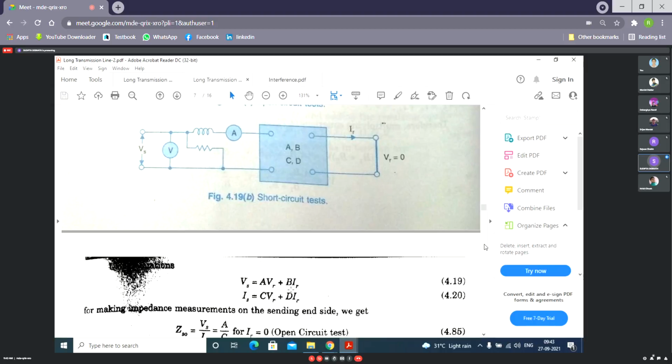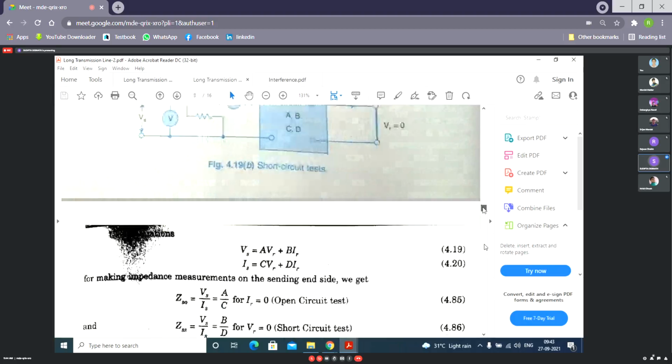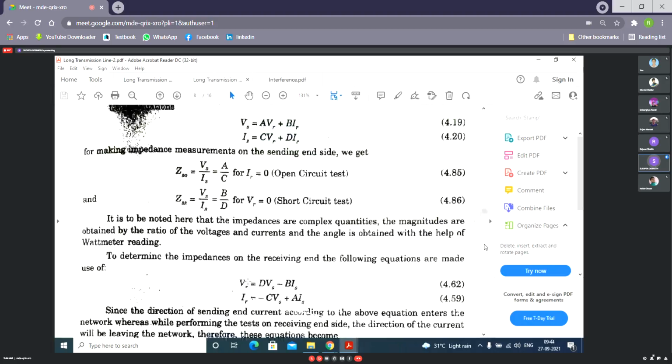In the previous class, I have shown you that if you rearrange this, you will get this equation. Please go through the previous class notes. VR equal to DVs minus BIs, IR equal to minus CVs plus AIs. This is the equation we get when we want to find VR and IR in terms of Vs and Is.